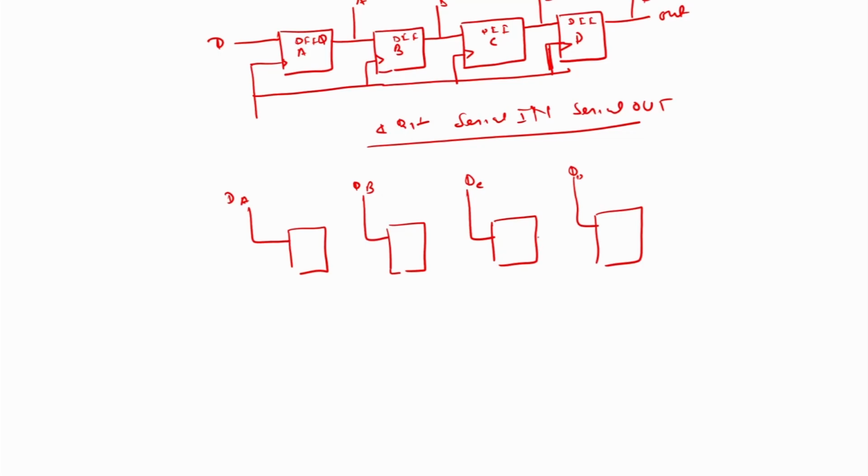And what will be the output? It is also generated parallelly: QA, QB, QC, QD. These are the complemented outputs, and the clock pulse is common to all the flip flops.